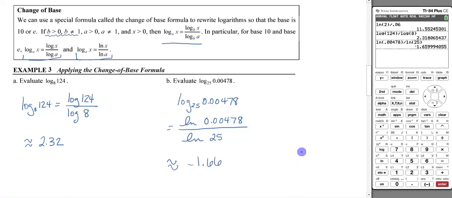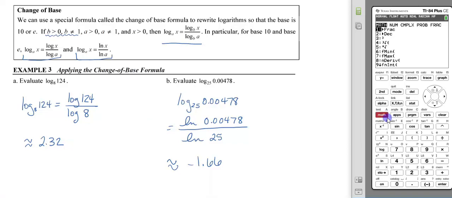Most graphing calculators are also going to have a log base function. So we can go back and evaluate log base 8 of 124 and use the log base button in the calculator instead.